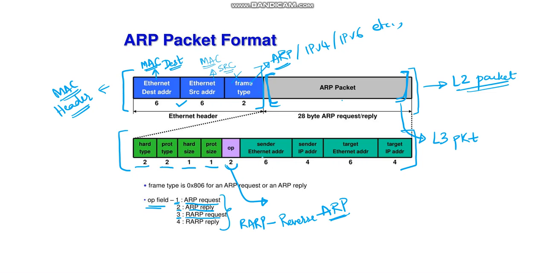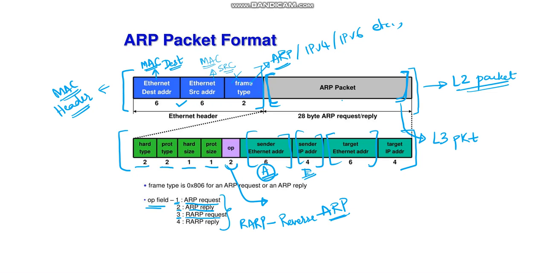Now as we discussed, A sends the sender Ethernet address, that is, the sender sends its own MAC address. It sends its own IP address, which is the name of the engineer and designation of the person.